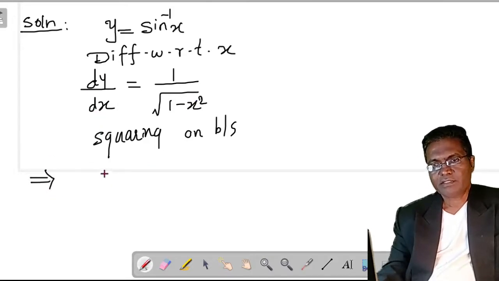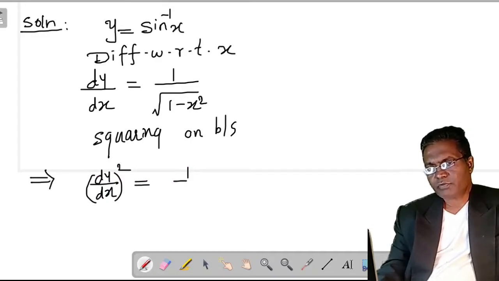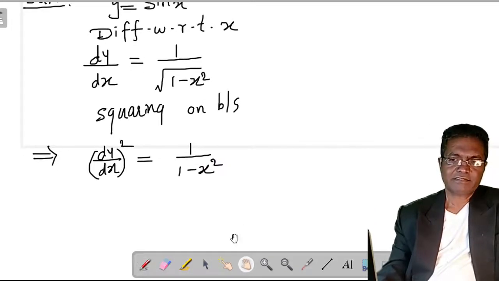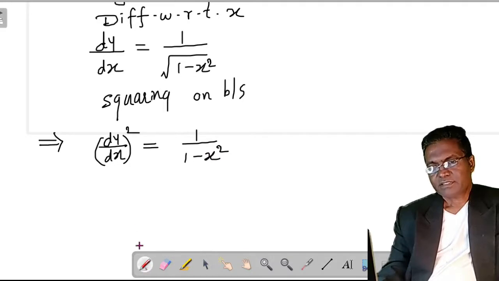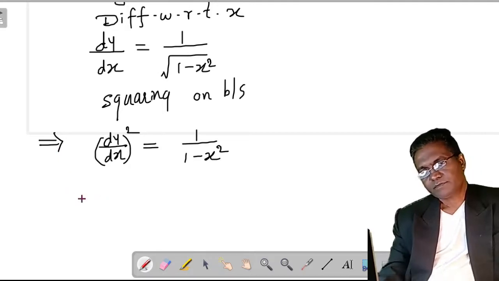So what will you get? dy by dx whole square equals to, if you square, root gets cancelled, 1 minus x square. Now you can differentiate or cross multiply and differentiate. Both options are there.